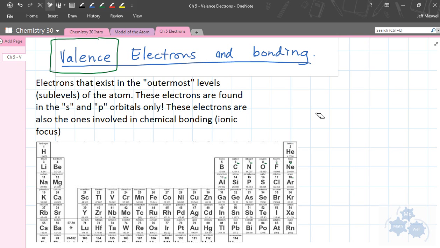For level 4, 4s, 4p, 4d, and 4f. So if you look at that pattern, how many sublevels in energy level x? There would be x sublevels, the same number. So in energy level 1, there's 1 sublevel.